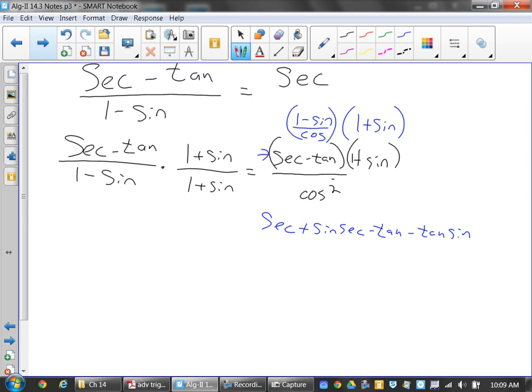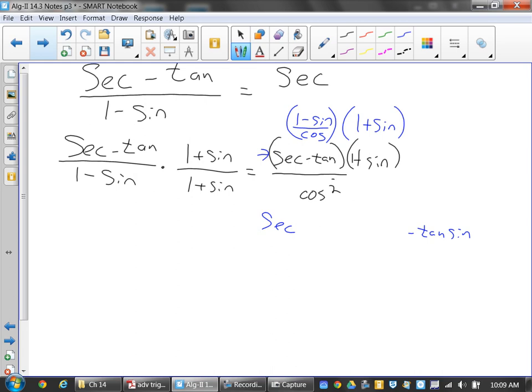If I do that, what's sine times secant? It's tangent. So the middle terms here drop out. You get tangent minus tangent, so these go. Wait, I got lost. Let's go back to these.